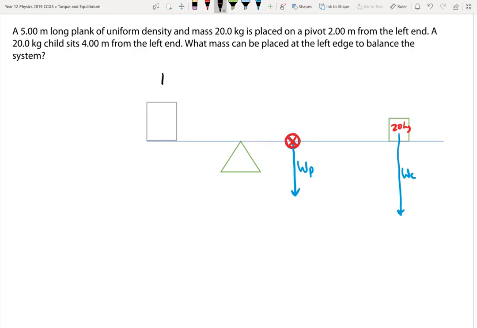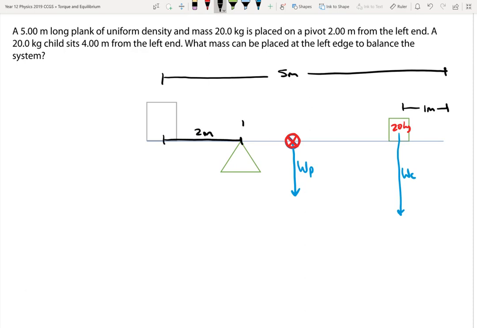Now, we've been given the entire length is 5 meters. A kid sits 4 meters from the left end, so he's 1 meter from the right end. It's placed on a pivot 2 meters from the left end.